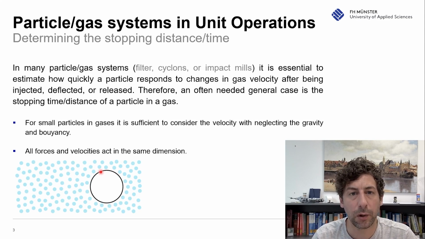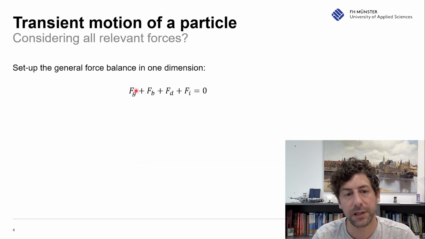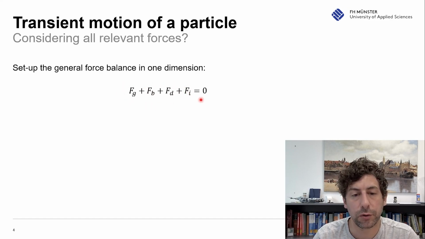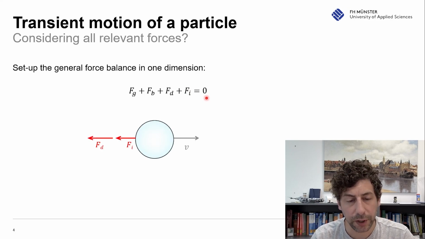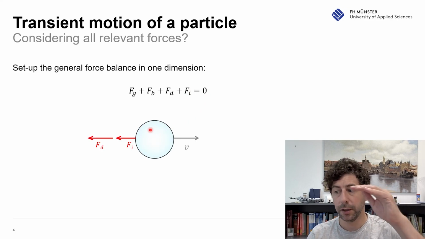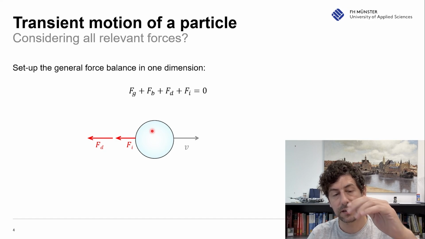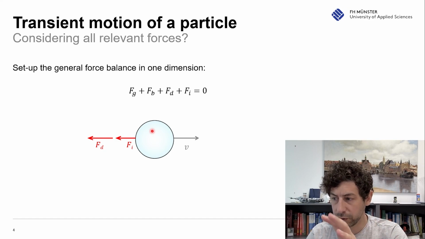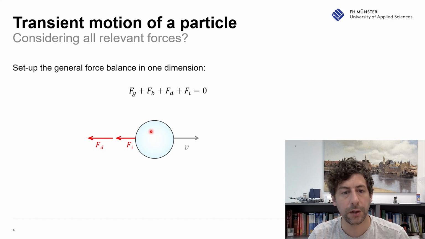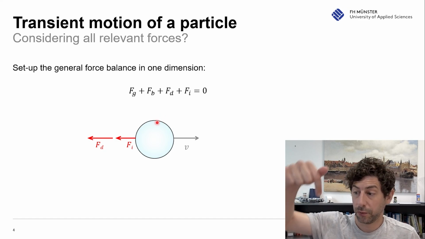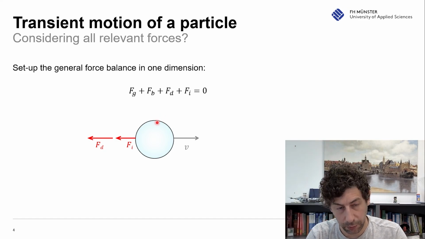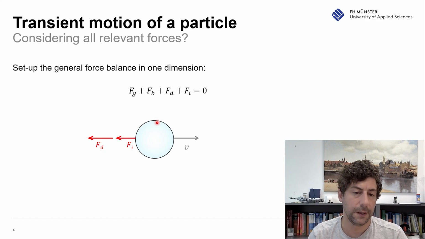So if we look at all forces we know so far, we have the gravity, the buoyancy, the drag, and the inertia. And the sum of them should be zero, right? That's the force balance. Now in our case, the particle is moving in one dimension, and since it's not up or down, because it goes into the unit operation, maybe a cyclone, and it's a very small particle, we don't need buoyancy and we don't need gravity, while for settling, which goes in the direction of gravity, of course we consider gravity.